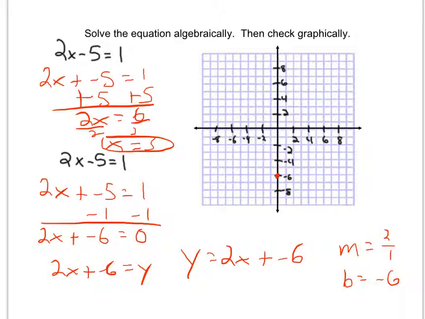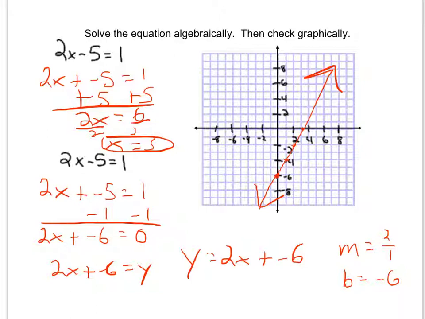We can go up 2 and over 1, and up 2 and over 1 again, if we want to. And we can see that this is going to cross at 3. So here's our checking graphically. We graph our line, and we make sure that our x-intercept on our graph is the same as our solution to the equation that we got. And it works out, that tells us.